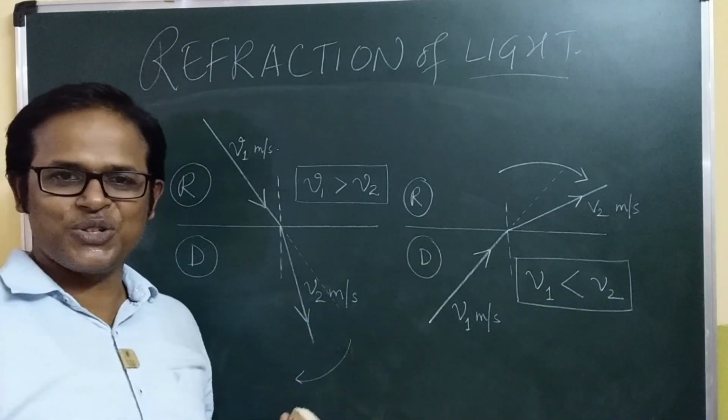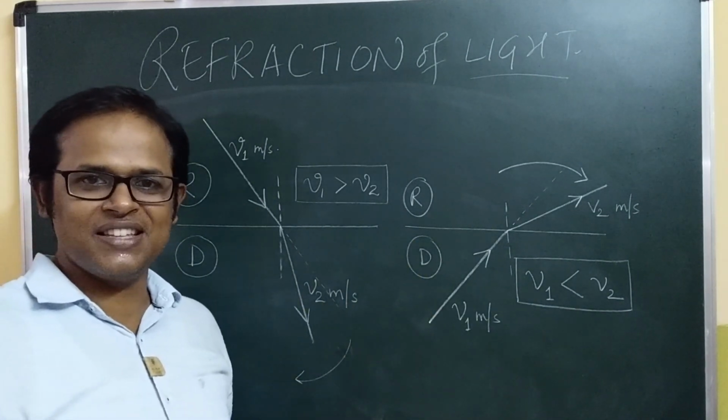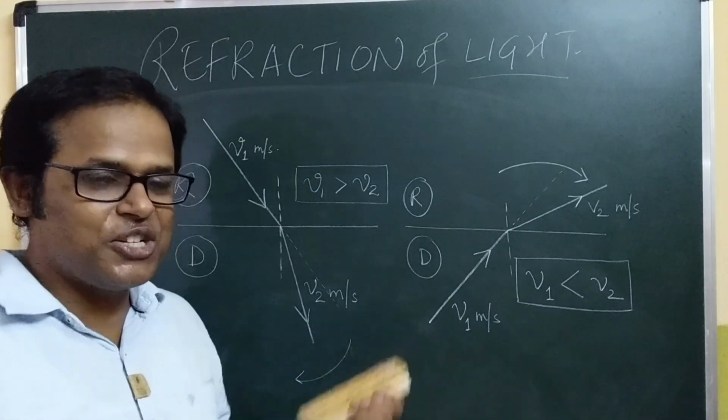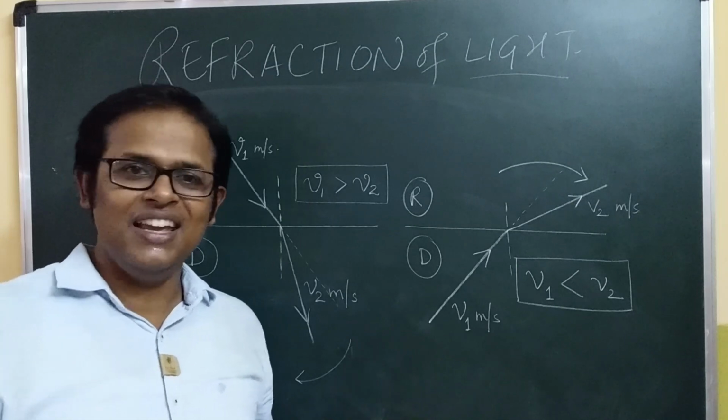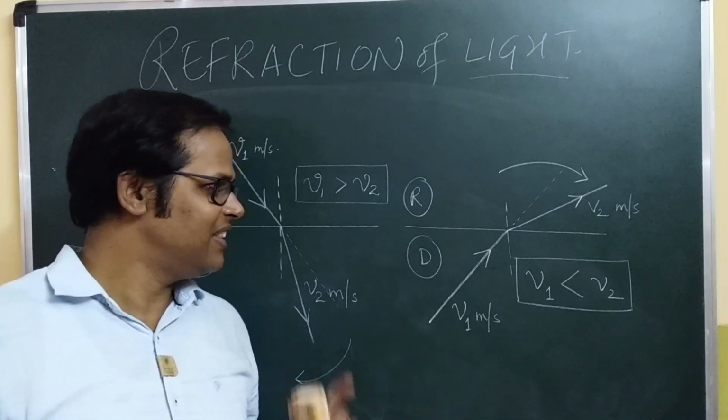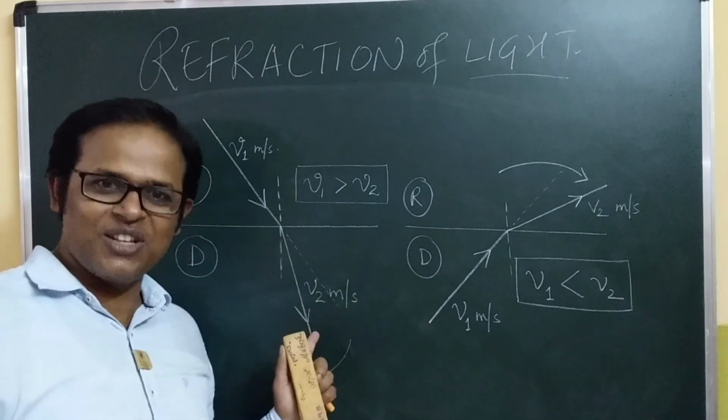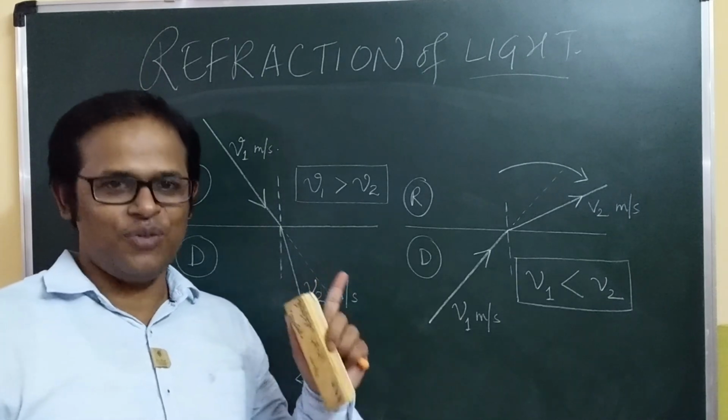This is why you saw plenty of illusions in the initial part of this class, as I showed you plenty of visuals which we get to see in our day-to-day life. That's it, either bending towards the normal or bending away from the normal.